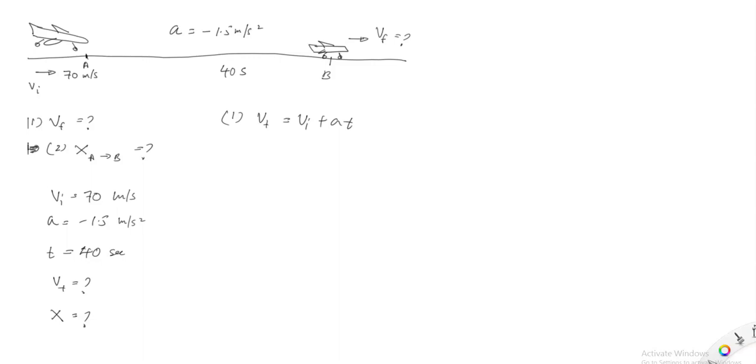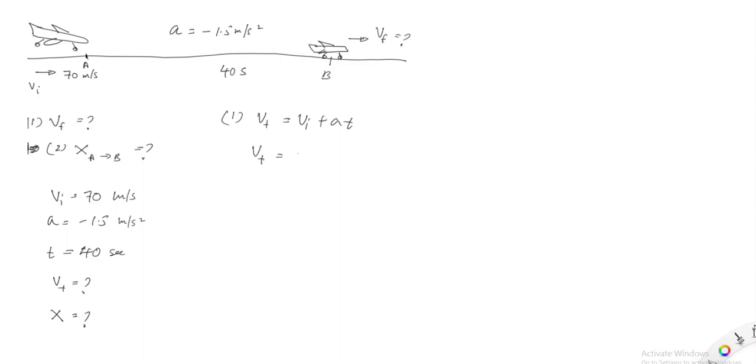It will work, but it might take a lot more steps. We have V initial, acceleration, and T available to us. So kinematic equation 1 directly gives you the answer. That's the easiest approach.